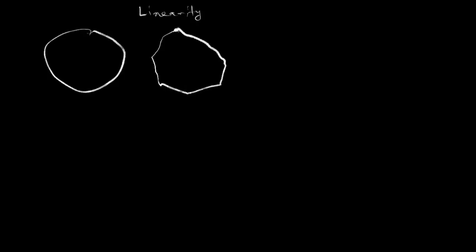For example, the circle can become a polygon. So instead of a circle, these are all straight lines. A circle can become a polygon. A curve, for example, can become a tangent at a point. A curved surface can become a tangent plane.